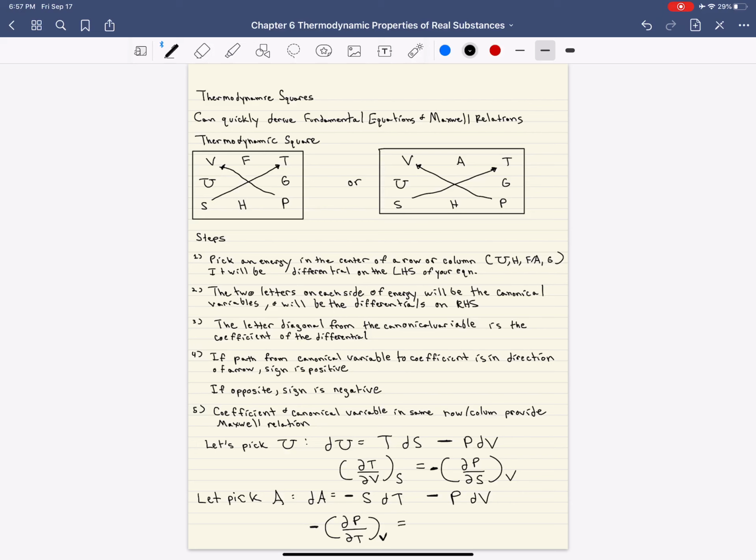All right, and then on the other side, the coefficient was S, the canonical variable was V, and this coefficient was originally paired with T, so the Maxwell relation here is dS/dV at constant T. Now it's also a negative, but the negatives cancel out. Okay? All right, and so from the thermodynamic square, we can quickly derive the fundamental equation and Maxwell relations.